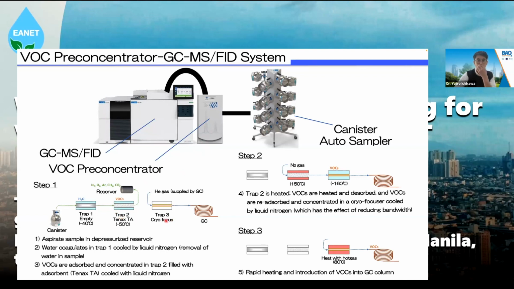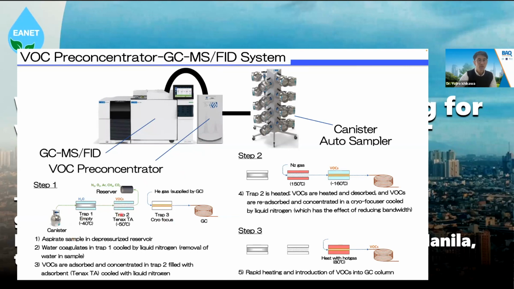And as for step 1, the VOC sample from canister will pass through cooled trap 1 and trap 2. And the situation here is that water remains in trap 1.